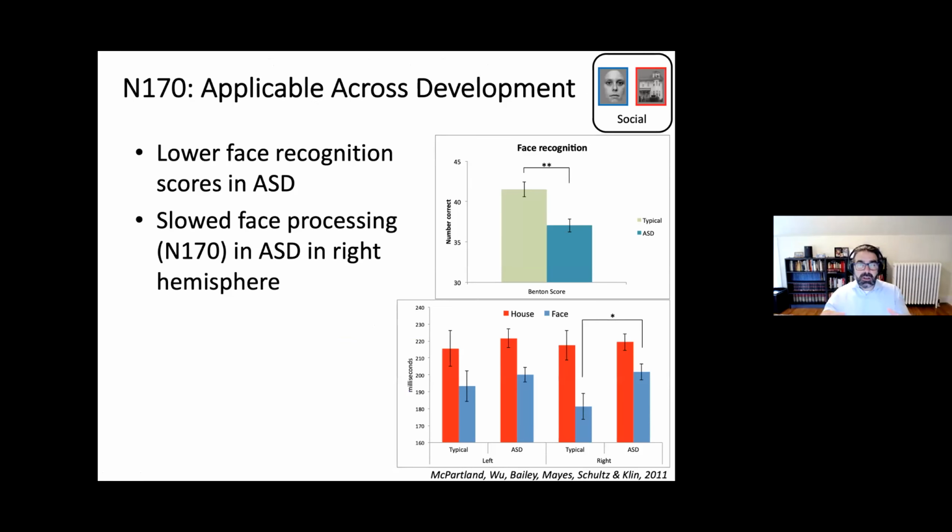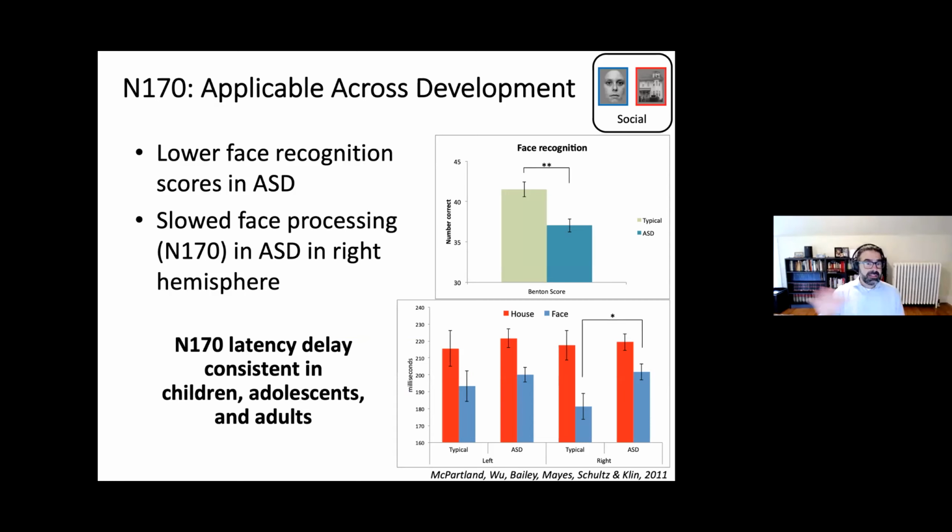And when we looked at the social stuff, we saw the exact same things that we had seen in the older people in these kids. We saw that the people had more problems with face recognition, and we saw their N170 was slower among people with autism. And so this delay seems to be there across a big chunk of the lifespan, children, adolescents, and adults.